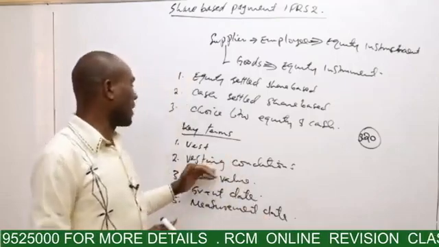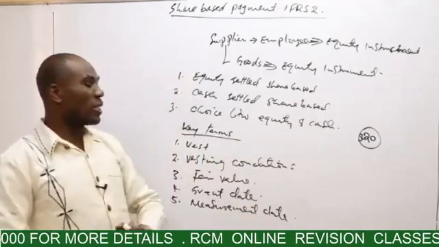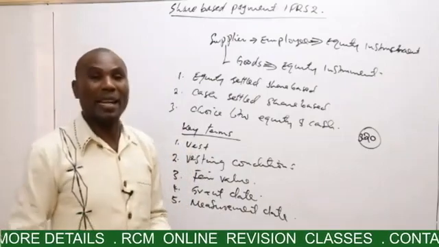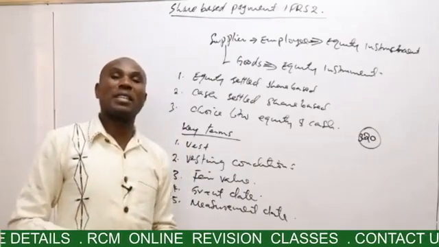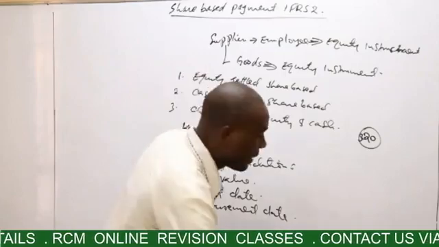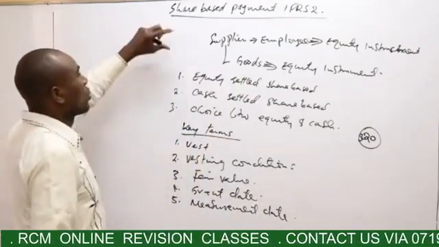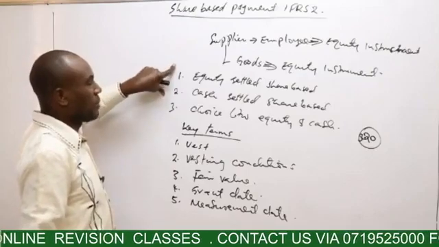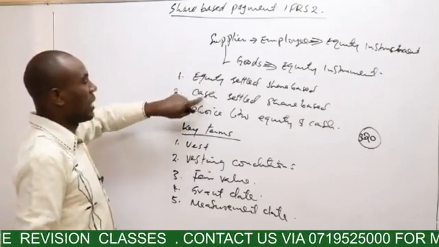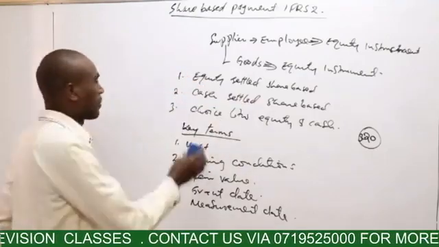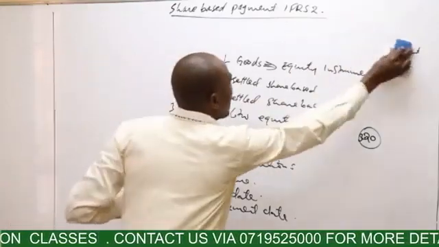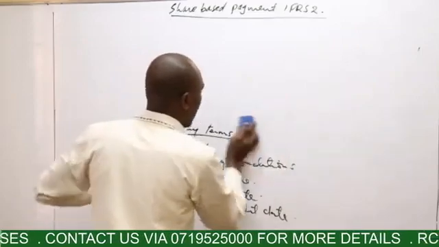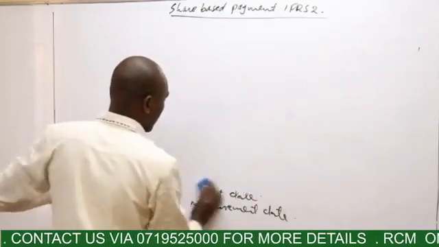Then we have vesting condition, the condition that you need to satisfy before you become entitled under share-based payment transactions. Therefore, let's move forward and now come to how we account for these types of share-based payment: equity settled and cash settled.